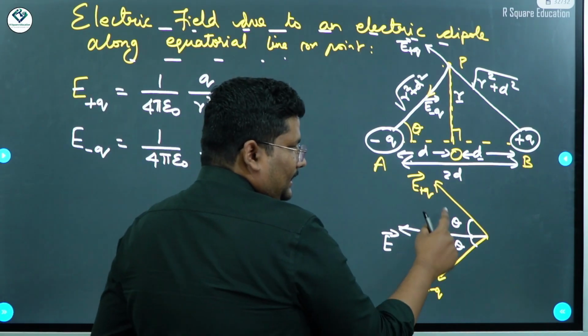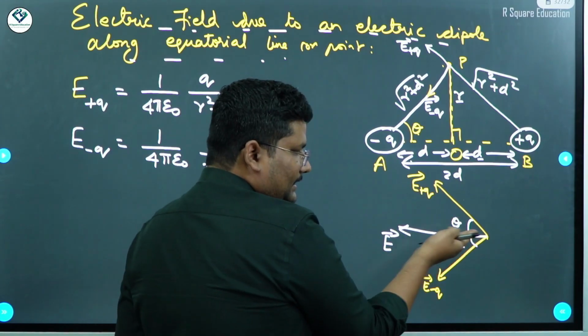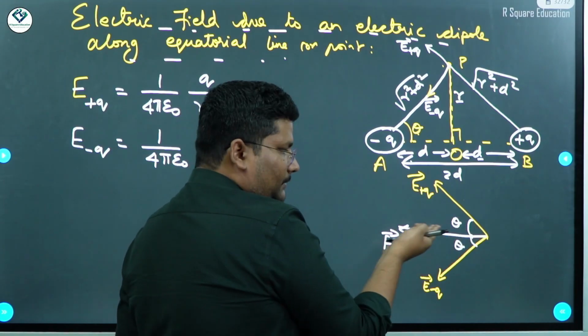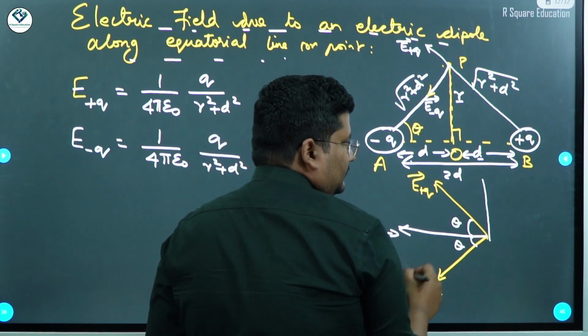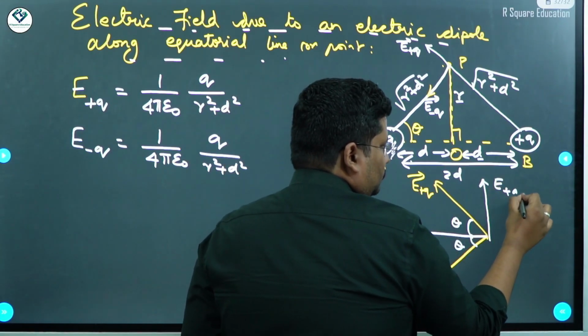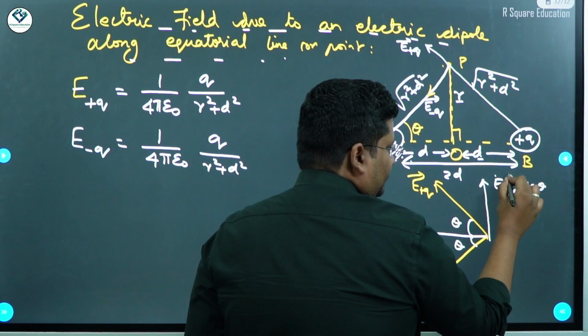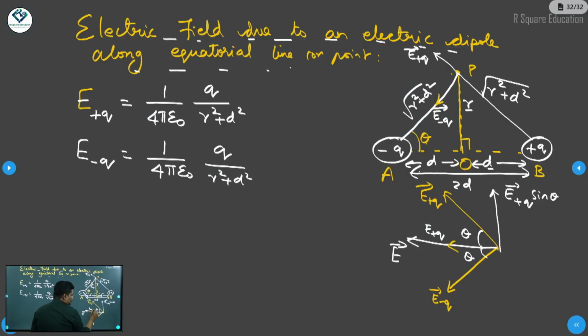If this is theta, this is going to be the horizontal component, correct? And what is going to be the vertical component here? This part. So can I take E plus q sin theta here and E plus q cos theta here?